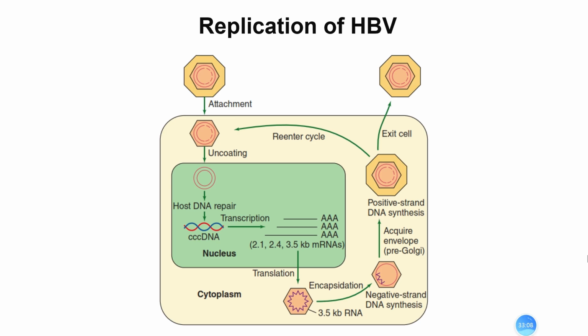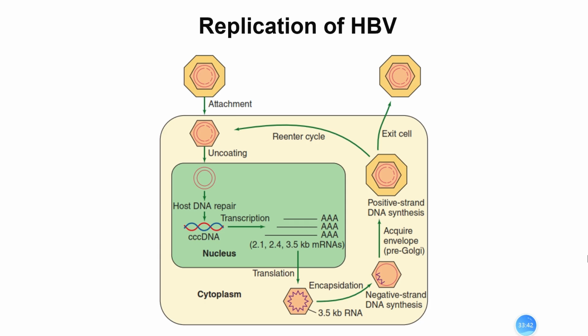Once the DNA is made, the polymerase has RNase H activity. RNase H activity means that it can degrade the RNA strand which is complementary to the DNA, leaving only the DNA strand. After that, the polymerase can use the negative sense strand as a template to make positive strand DNA.